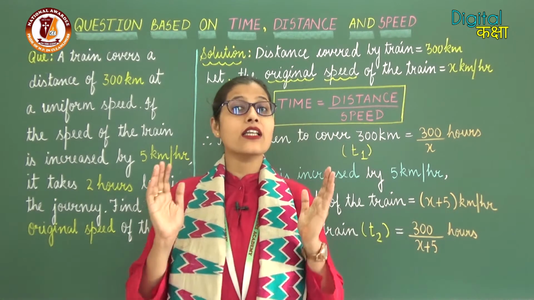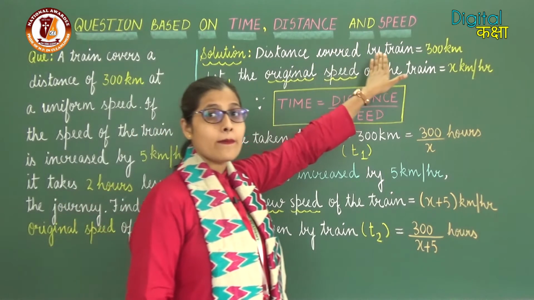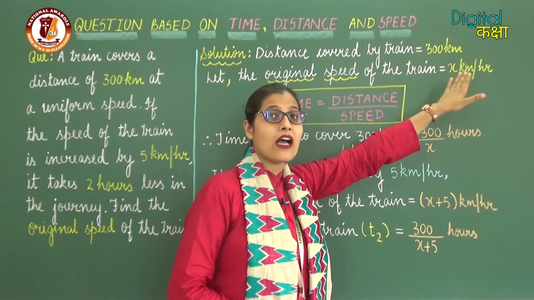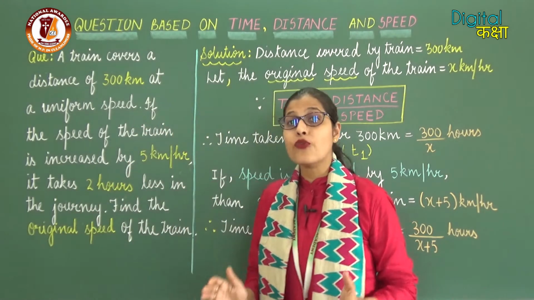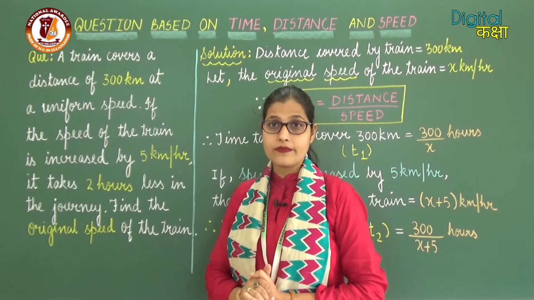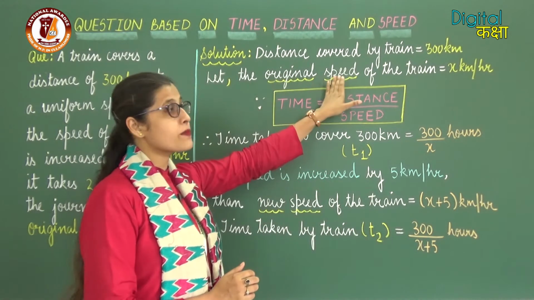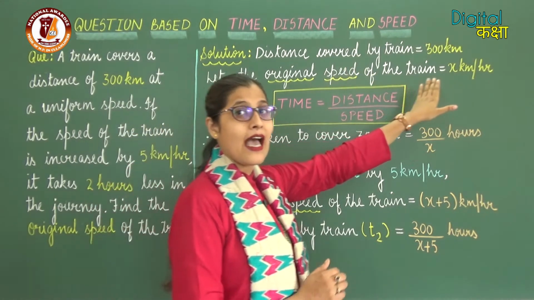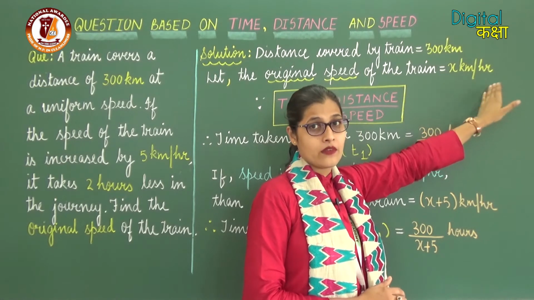As it is given in the question that the distance covered by the train is 300 km and we need to find the original speed of the train. So let us assume the original speed of the train as x km per hour.